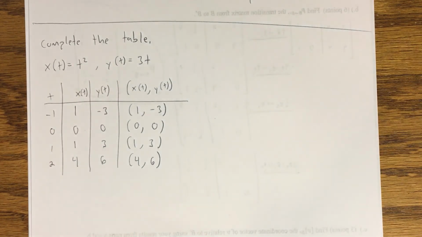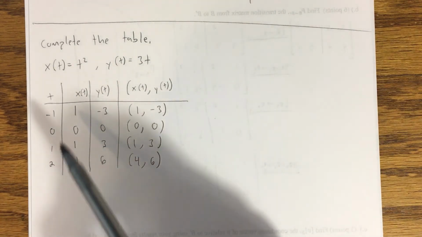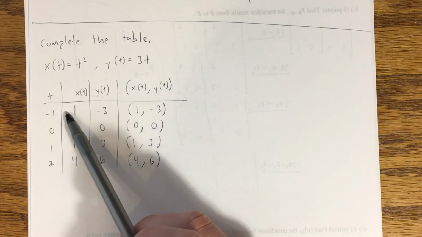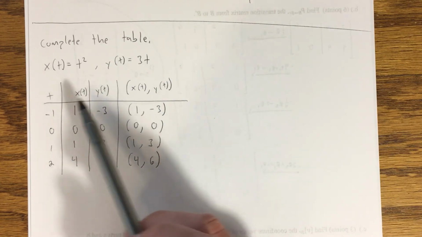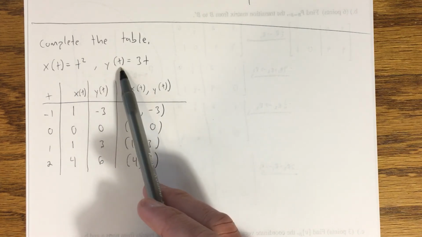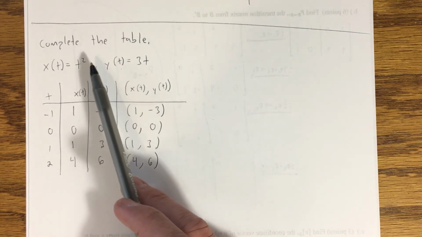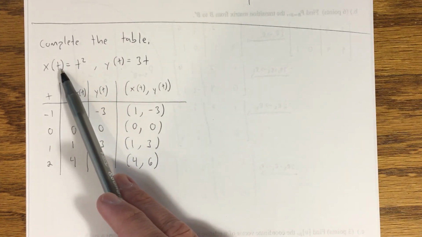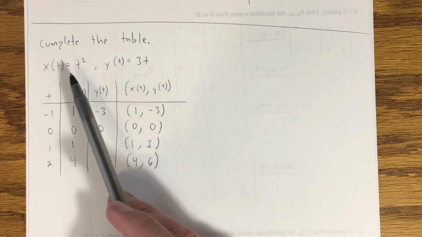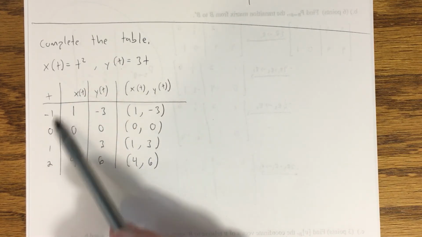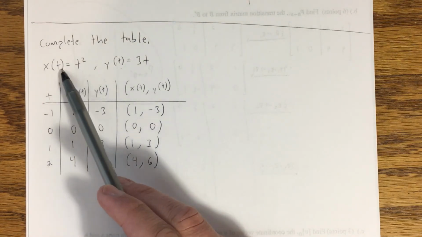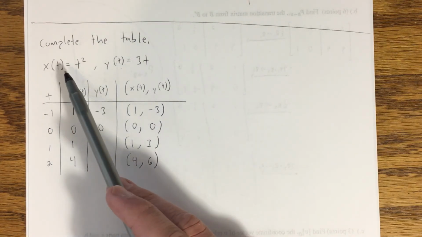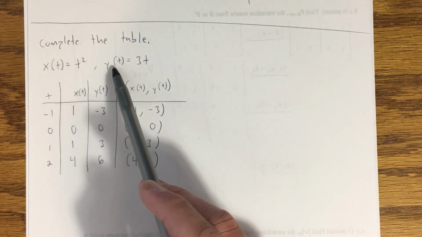And just to give you a preview of what's coming up in the class, there's going to be a process that we talk about called eliminating the parameter. So the idea is that you will be given parametric equations like these. And even though each of these variables, the x and the y, are both determined by the values that we plug in for our parameter, in some cases, you can remove that dependence on t by establishing another relationship between x and y.